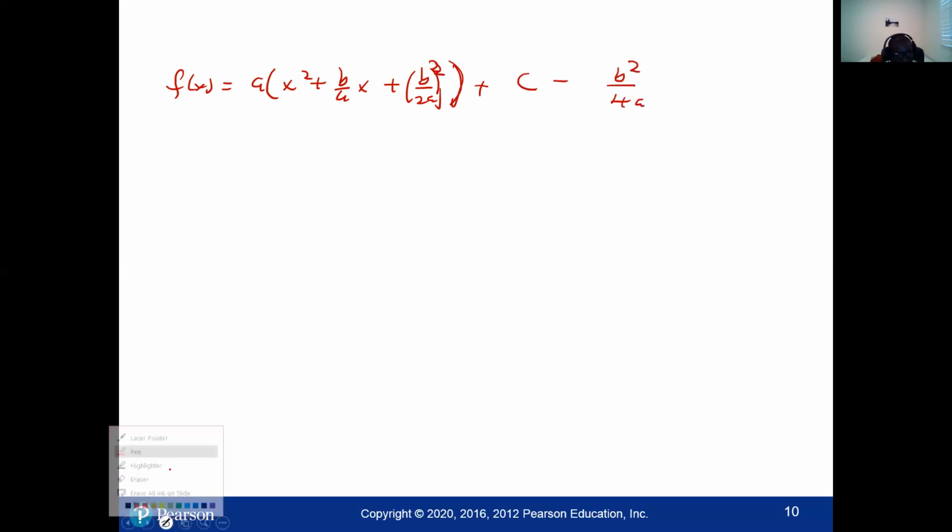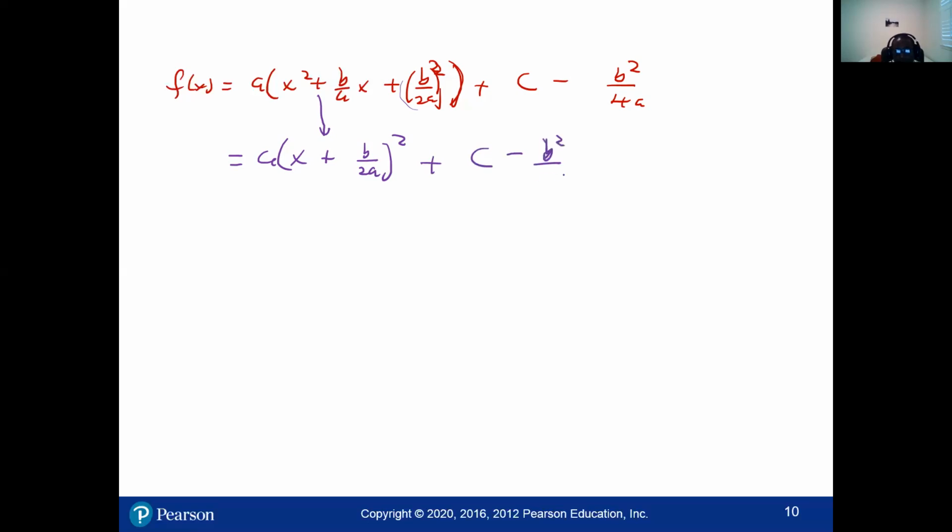Now we're going to simplify the whole thing. If we factor, we have a, x, then we pick one of these, the sign between them, we write b over 2a, and the sign between them is plus, and then squared. Then plus c minus b squared over 4a squared.